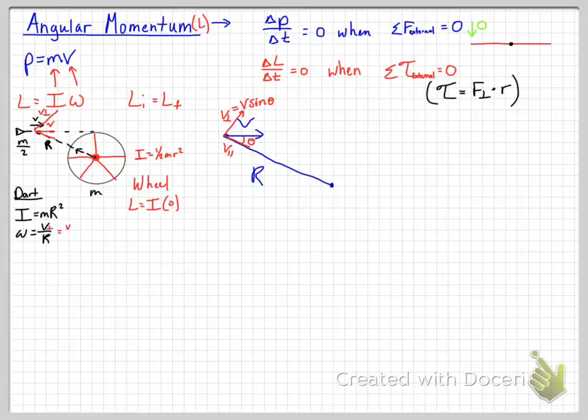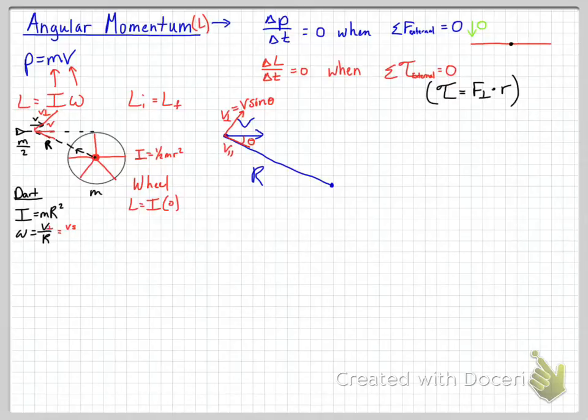And so now we are worried about v perpendicular when our dart's heading toward our wheel. And so with omega, we have to be very particular about what velocity affects our omega. V parallel does not affect our omega because it's more of a linear thing and just causes linear momentum. V perpendicular causes more of an angular rotation, and so omega is focused on v perpendicular.